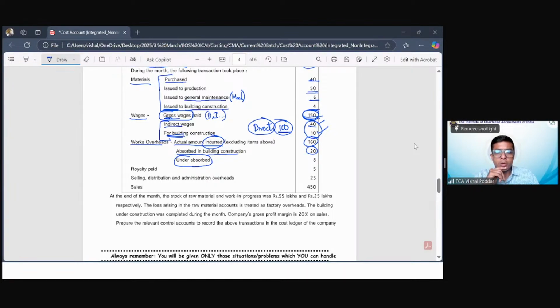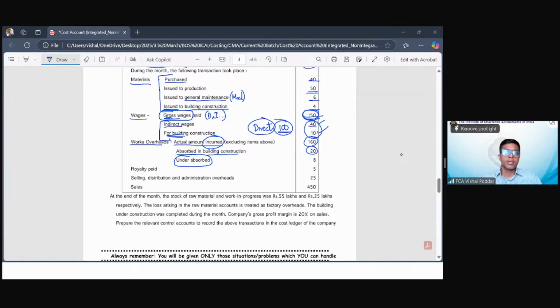If there is under or over absorption in my overheads, what do we do? No other entry, students? Okay. Yes, correct. Very good, Gurmeet.